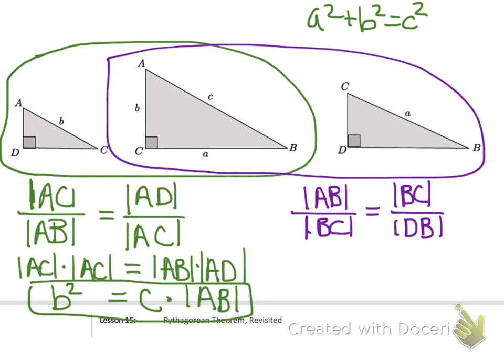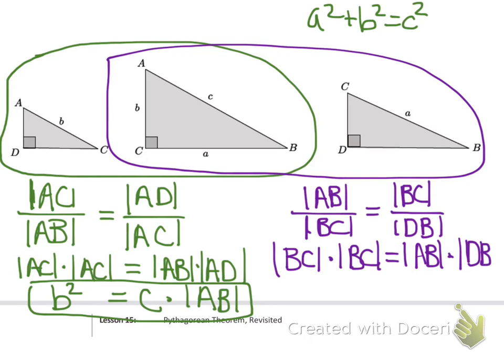So again here, if I write these cross products, this BC times BC has to equal AB times DB. So let's go ahead and write that. So length BC times length BC is equal to length AB times length DB.